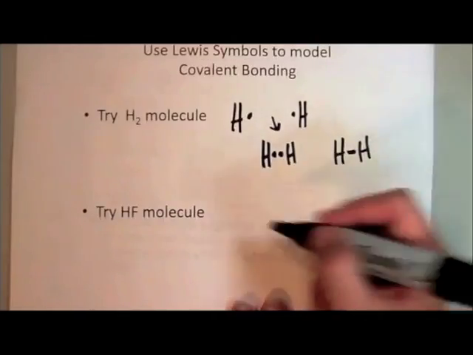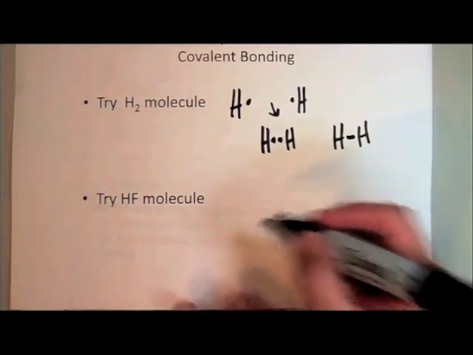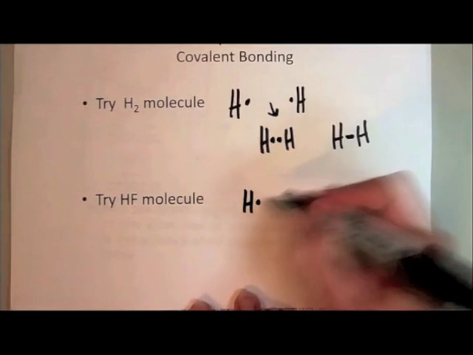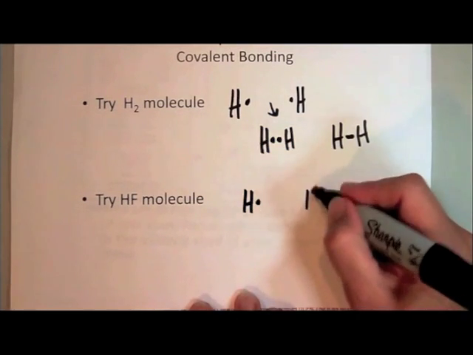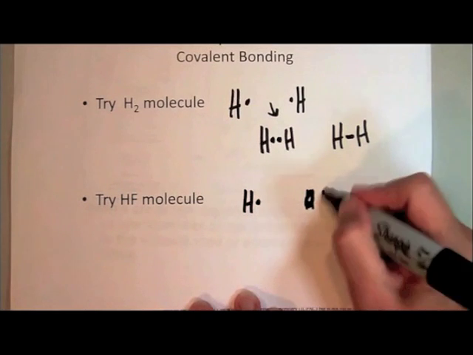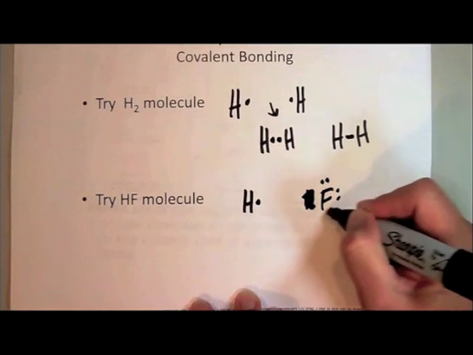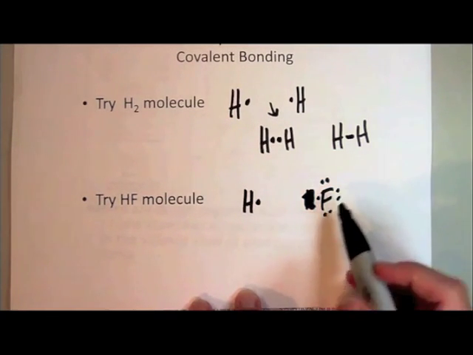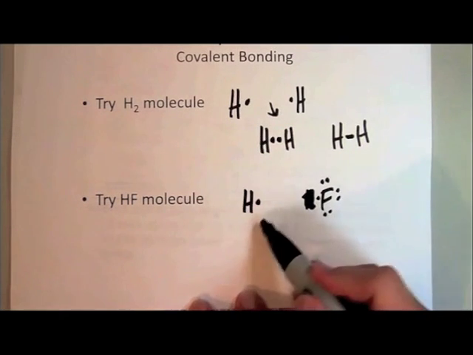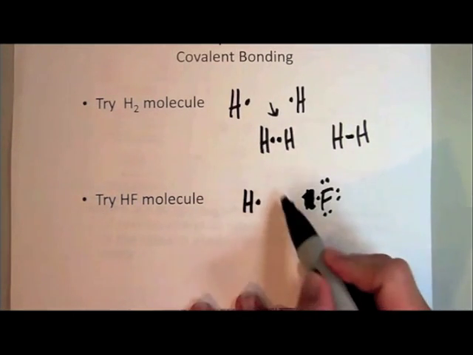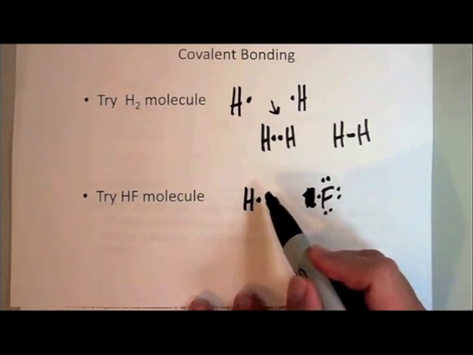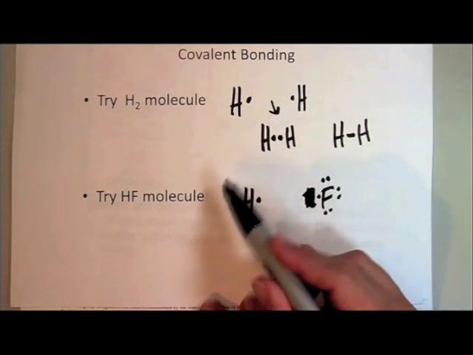Okay. Now you can do the same thing. Try an HF molecule. You start with just the Lewis symbols for each individual element. So hydrogen, and then fluorine, which has 1, 2, 3, 4, 5, 6, 7. Individually, the fluorine has 7 and the hydrogen has 1. The hydrogen would really like to achieve what we call a satisfied valence shell.